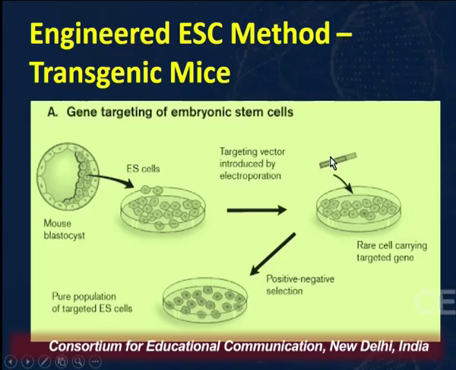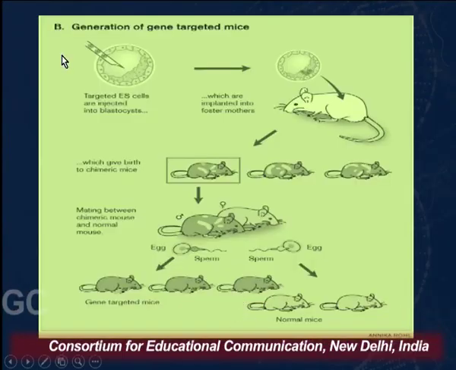So, these vectors containing the desired gene of interest can be transfected into the embryonic stem cells, and certain selections can be done so that the modified or engineered ES cells are obtained. So, this is the first step for the creation of the transgenic mice: the engineered or modified embryonic stem cells are prepared. The second step involves the integration of these.